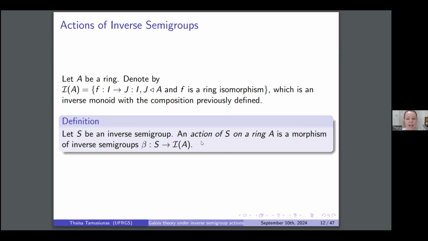An action of the inverse semigroup S on a ring A is a morphism of inverse semigroups beta from S to this set of partial isomorphisms between ideals of A.